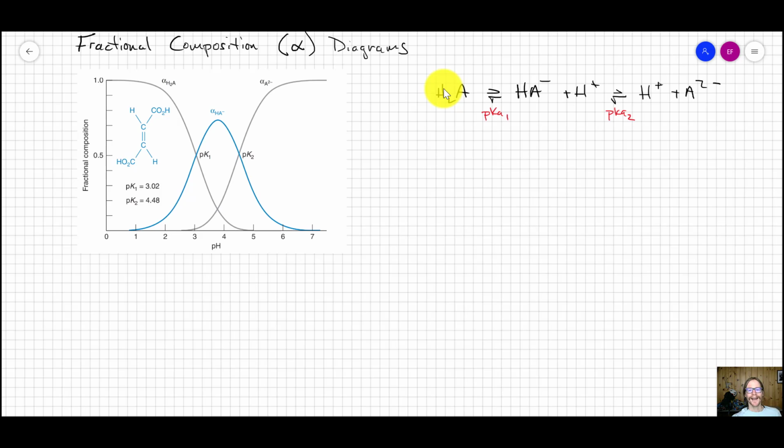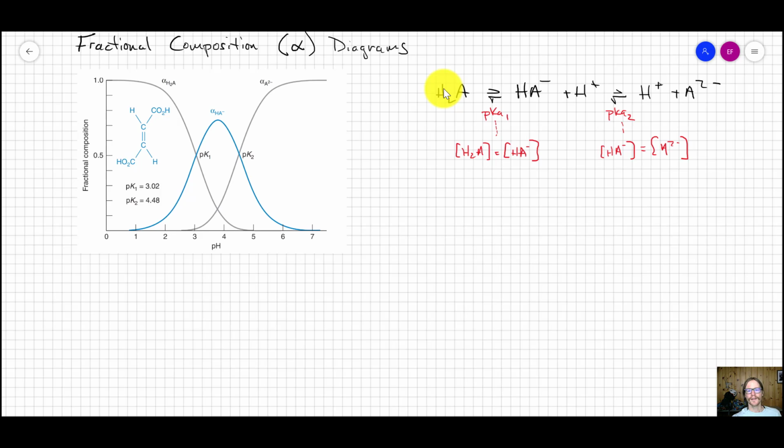We know that when the pH of the solution is equal to pKa1, that's when we have equal concentrations of H2A and HA minus. And when the solution is at pH equal to pKa2, that's when we have equal concentrations of HA minus and A2 minus.